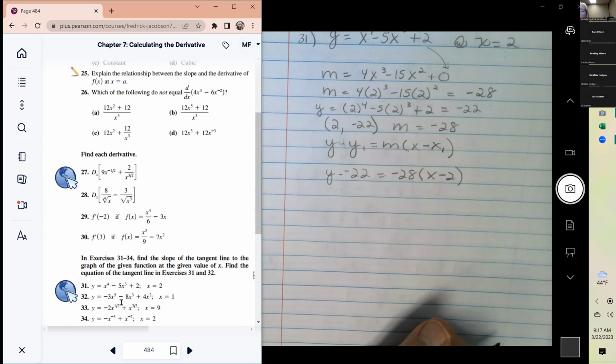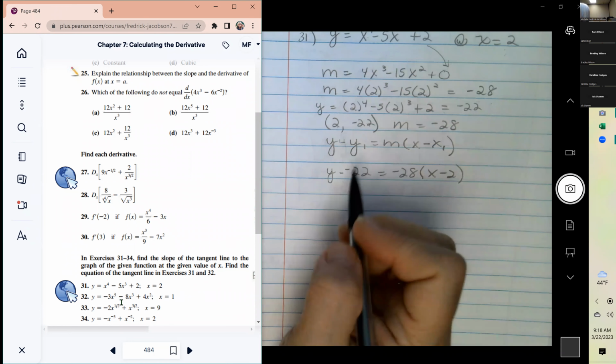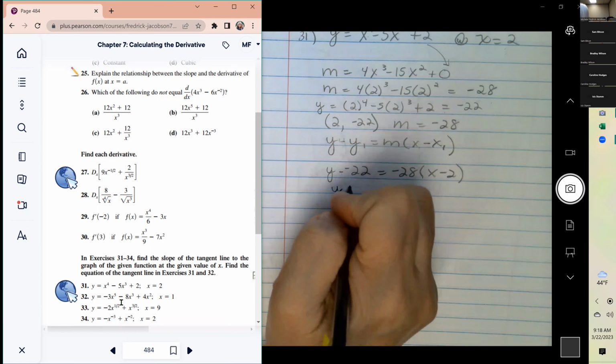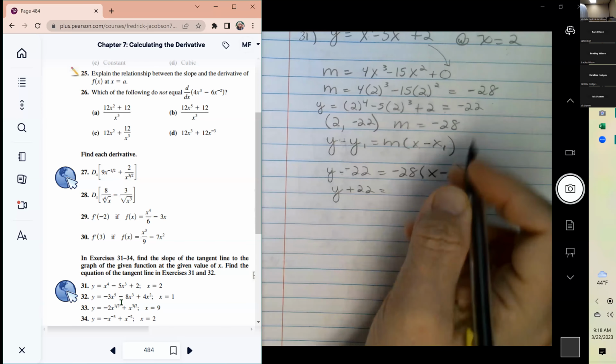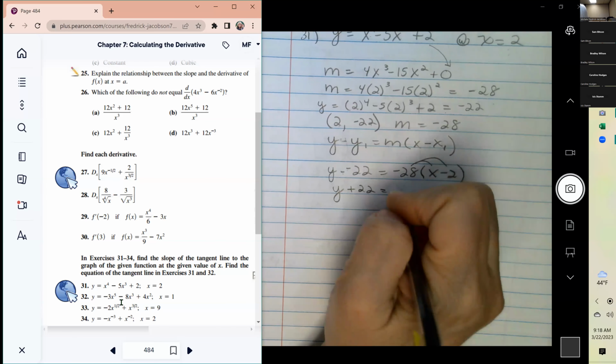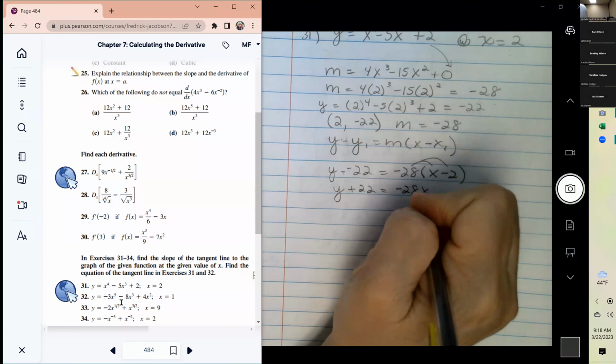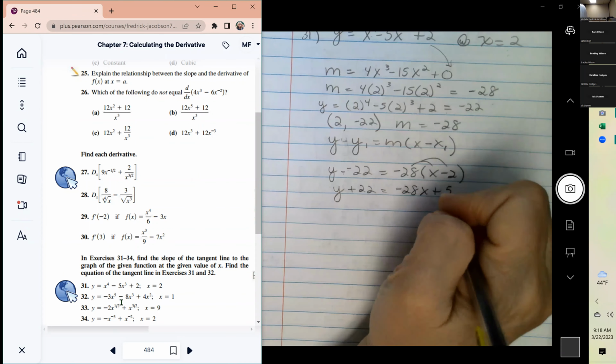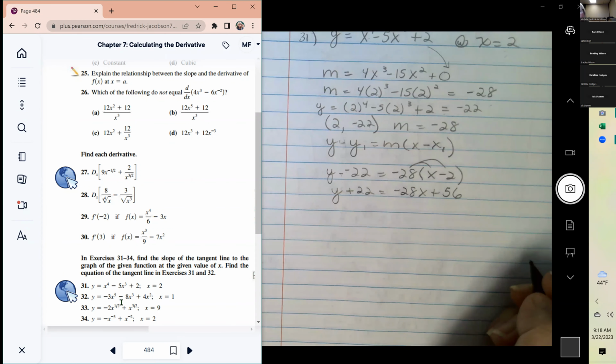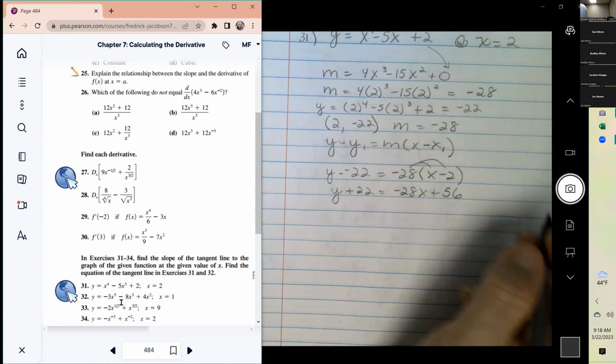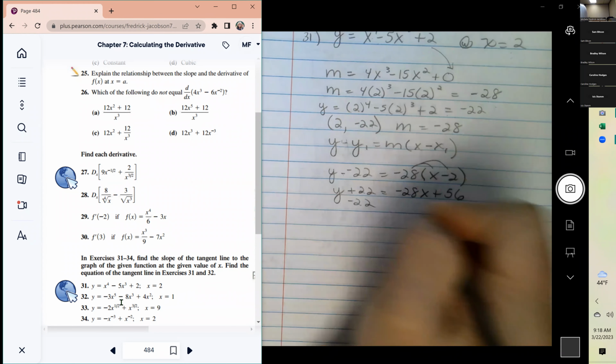And then solve for y. Most of them will want them solved for y. Negative and negative makes us a y plus 22. Distributing the negative 28. 56. Subtract the 22 to the other side.